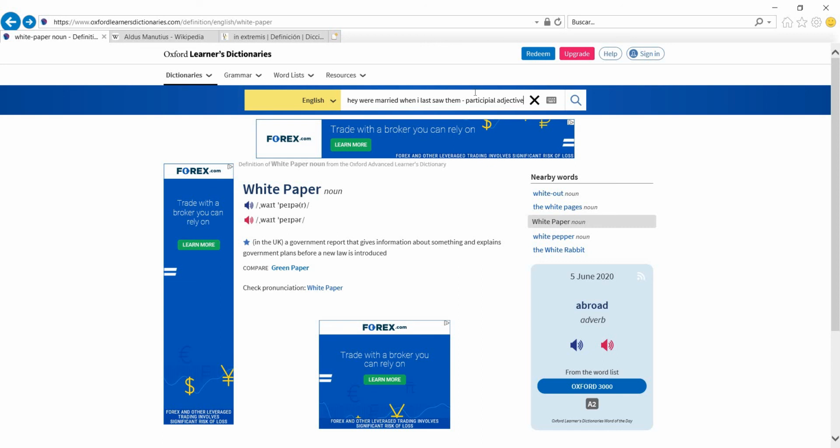Now, what I want to share with you now is the same thing I shared with you when we were talking about the present continuous. And I told you, well, the same will happen in the passive voice. So when we have the verb to be plus an ing form or plus a past participle, we need to make sure that what we're looking at is the passive voice, because it may not be so, right?